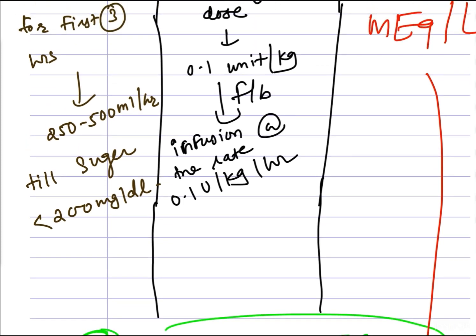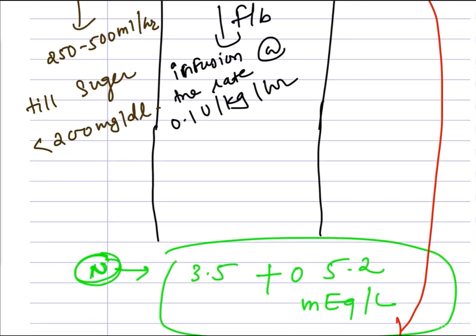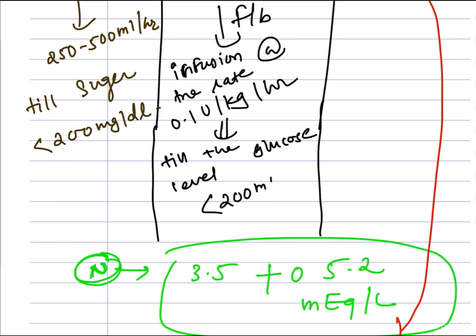For example, I am assuming that the weight of the patient is 80 kg. So first of all, we will give the loading dose of 80 multiplied by 0.1, 8 units. First of all, we will give 8 units of insulin directly IV, and then we will start infusion at 8 units per hour till the glucose level comes below 200.